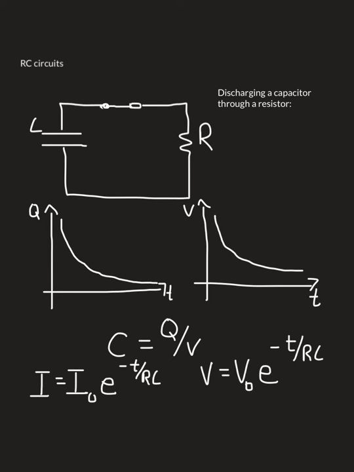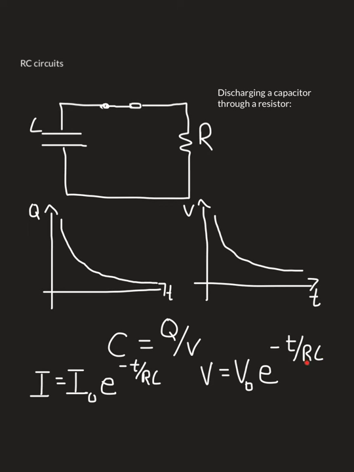The current in the circuit as time goes on equals the initial current in the circuit times e, that's Euler's number, you can find it on your calculator, raised to the power of negative t, for time, divided by RC. Both R, the resistance, and C, the capacitance, are in the denominator of this exponent. The same form of the equation shows up for voltage: the voltage across the capacitor over time depends on the voltage you start with, times e raised to negative time divided by RC.